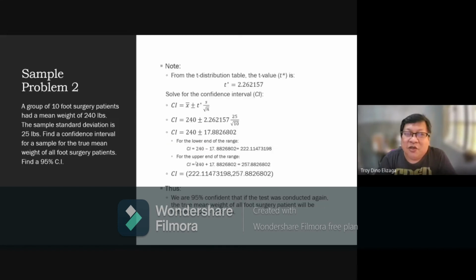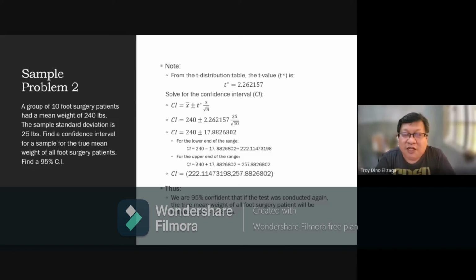Okay, so we then use all the values, we plug it into the formula, and we get the result, which is 17.882 or 883. So to get the lower end of the range and the upper end of the range, we deduct or add this to the mean.